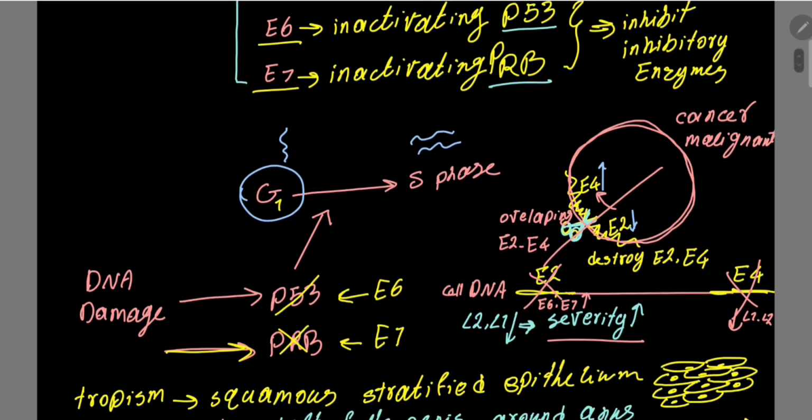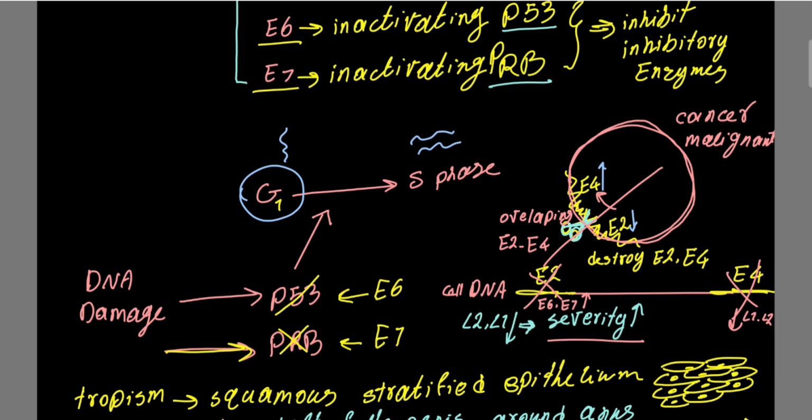So when we have DNA damage, like from UV light, or the cell is infected with a virus, the DNA is going to tell P53 and PRB, hey, I'm damaged and I don't think you need another copy of me who is damaged. And P53 and PRB are going to say, okay, we're going to inhibit this process, so we won't let the cell go from G1 to S phase and make another copy of this damaged DNA.